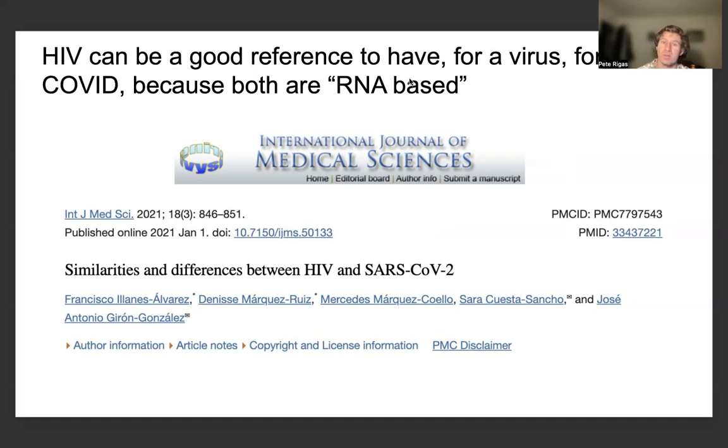And it can be a good reference to have for a virus related to COVID, because both of them are RNA based. And this is what's given on the side, one reference from 2021, and it establishes similarities between HIV and SARS-CoV-2. So this group of several authors basically established parallels between HIV and COVID, SARS-CoV-2, due to the fact that they are both RNA-based.